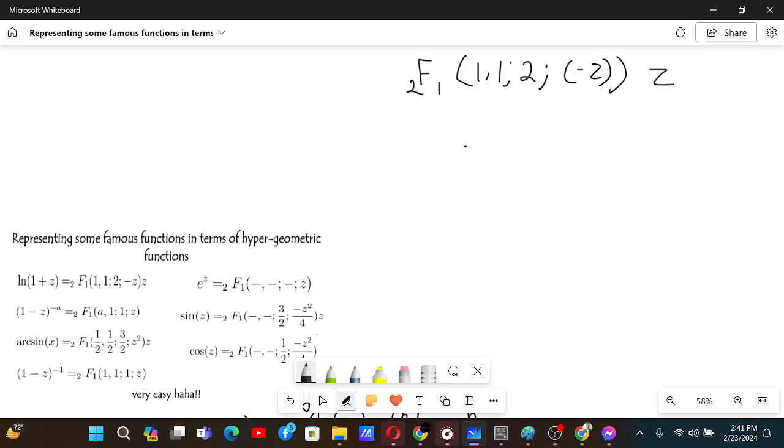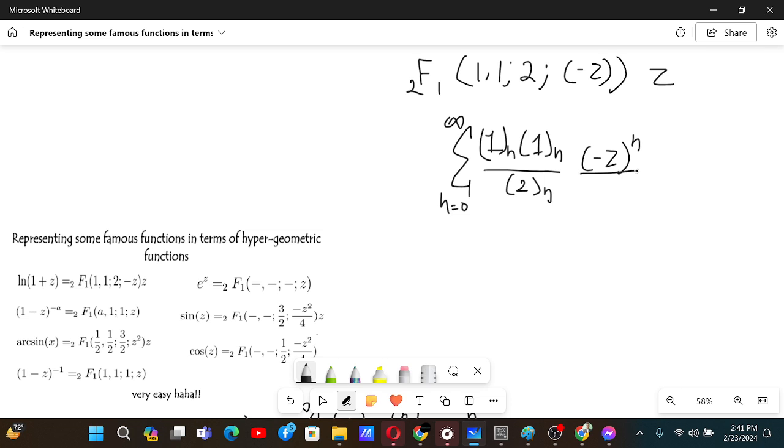Now this can be written as the sum going from n equals 0 to infinity of 1 base n, 1 base n in the numerator, 2 base n in the denominator, and then minus g to the power n by n factorial, and all of this is multiplied by g.